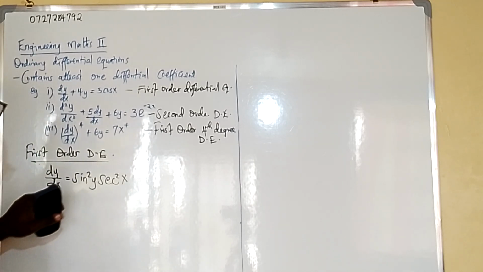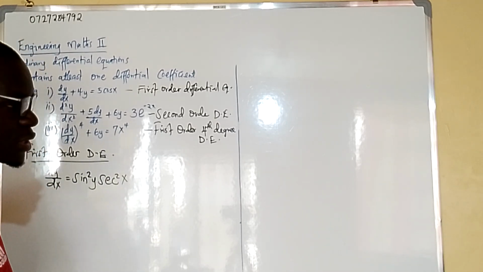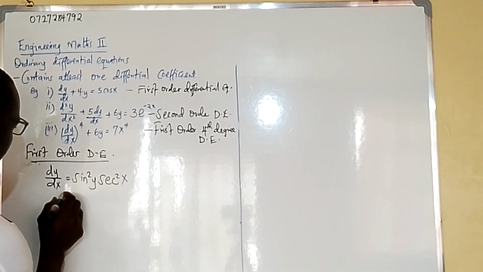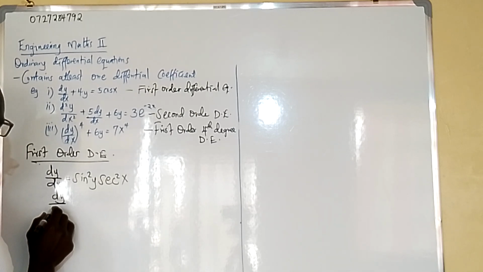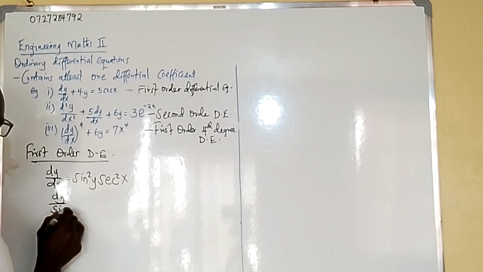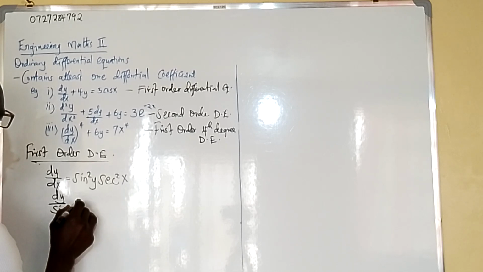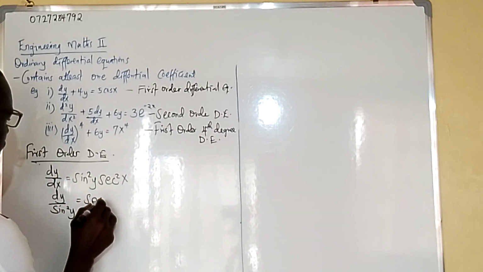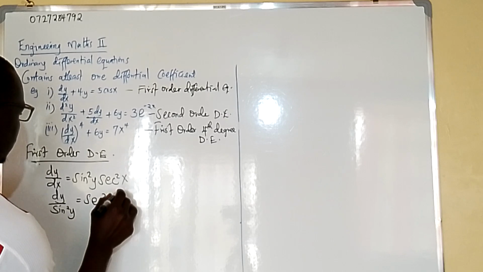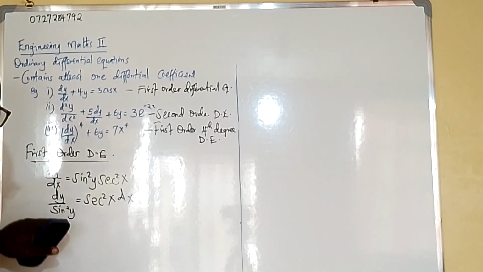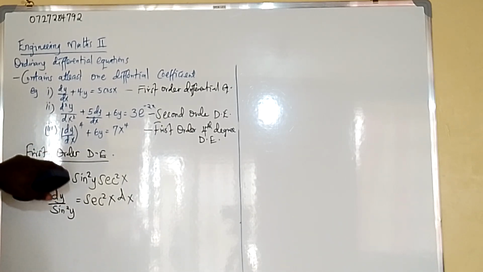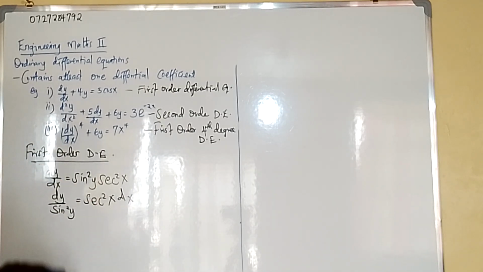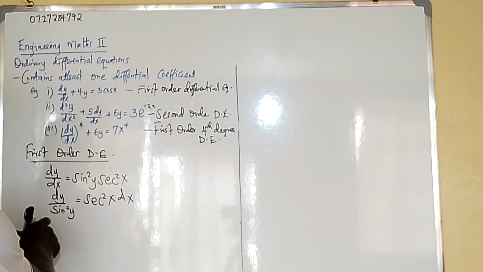So by solving this, we first collect the like terms, just like we said before, so that we come up with dy over sine squared of y is equal to sec squared of x dx. We have simply multiplied both sides by dx and divided both sides by sine squared of y to give us this simplification here.